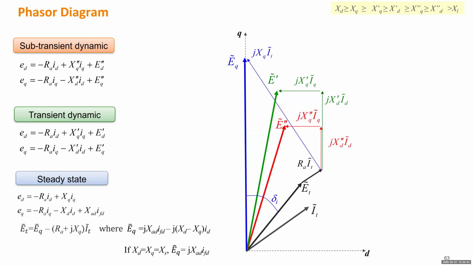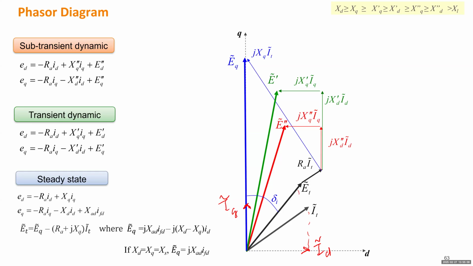So we assume there's a little phasor. We call it ID tilde, which is basically just the length of the real part of the current, but the direction is the same as the D axis. And also in this direction, there's the IQ tilde. Okay, they're basically just two components.